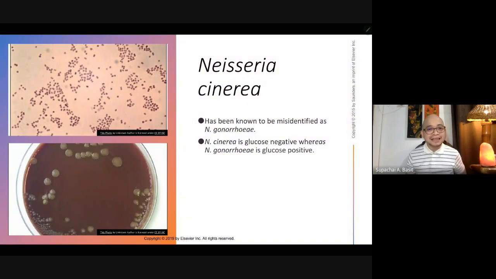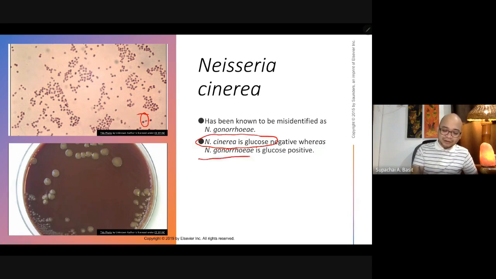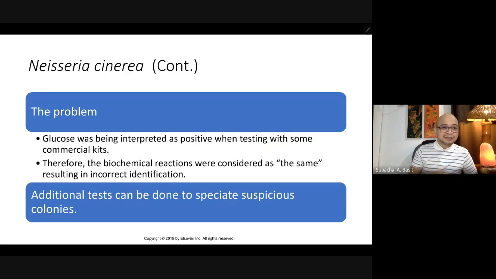So let's start with Neisseria cinerea pala. It has been known to be misidentified with Neisseria gonorrhoeae kasi nga naman halos pareho sila ng itsura. Neisseria cinerea is glucose negative, yun yung difference. This is glucose negative, pero yung Neisseria gonorrhoeae is glucose positive. Pero sa itsura, sa Gram stain, hard to differentiate them. So the problem is that glucose was being interpreted as positive when testing with some commercial kits.